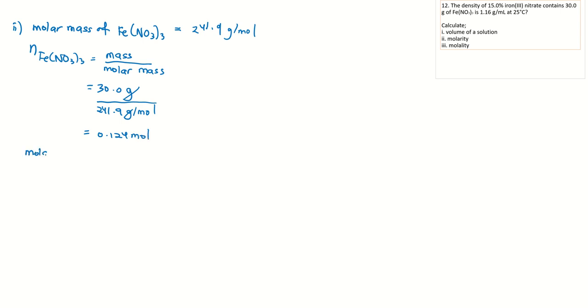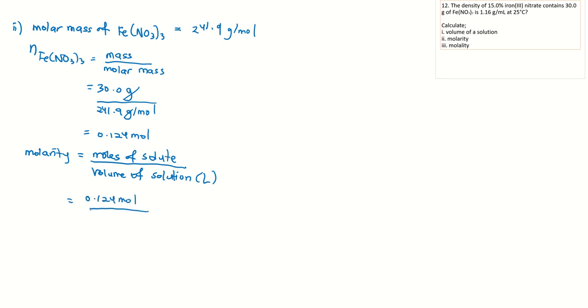Next, substitute into the molarity formula: moles of solute, which is our ferrum trinitrate, over volume of solution in liter. Moles of solute equal to 0.124 mole over volume of solution, 0.1724 liter. So you will get 0.72 molar. Simple. Please make sure your final answer has the correct unit, capital M or mole per liter.